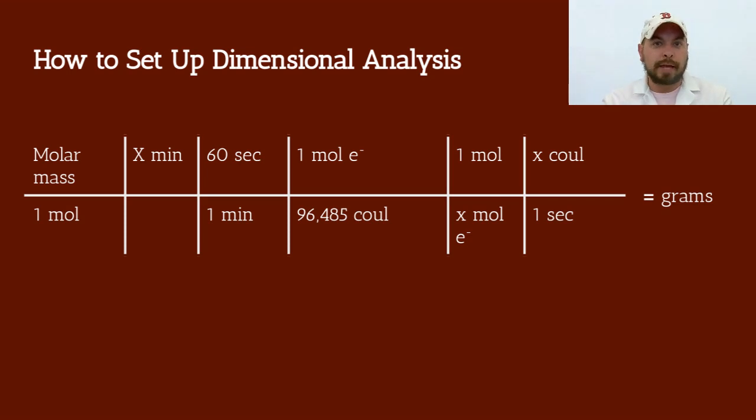For instance, if I want to finish with coulombs, my first unit at the top will be coulombs, and then I'm going to try to cancel out everything else. If I need to finish with grams, I'm going to have grams starting at the top on the left side of my dimensional analysis grid. In the end, this helps because it makes sure that our final answer is in the units we need it to be. We're just going to cancel out every other unit that we have from the beginning.